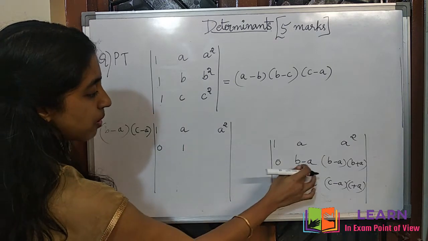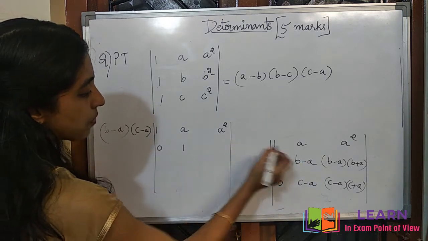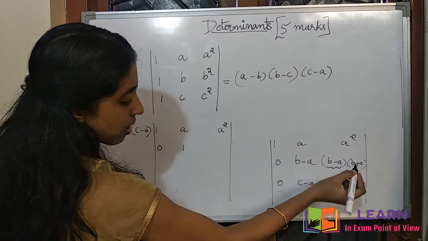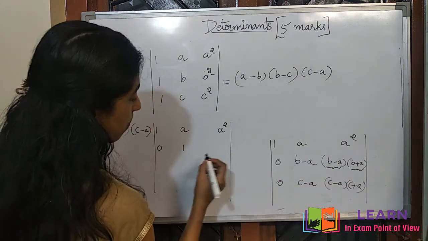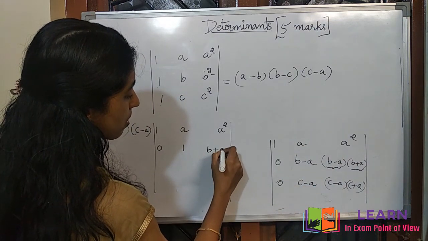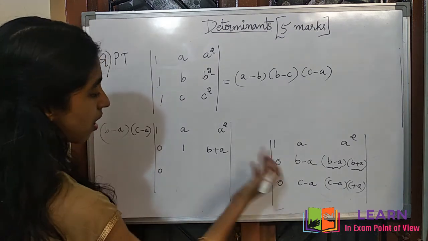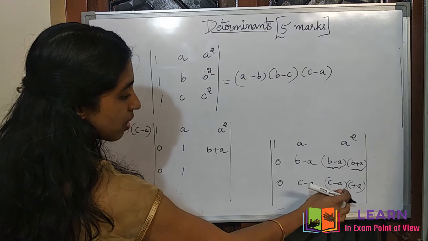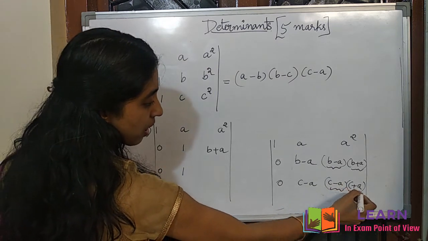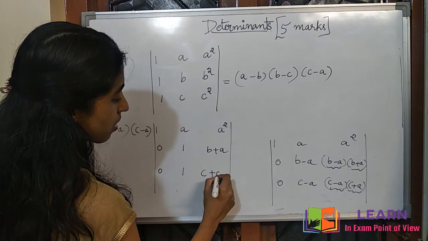Correct, b minus a by b minus a. Then remaining we have b plus a. Here 0, c minus a has been taken outside, so 1. Here c minus a has been taken outside, so remaining c plus a.